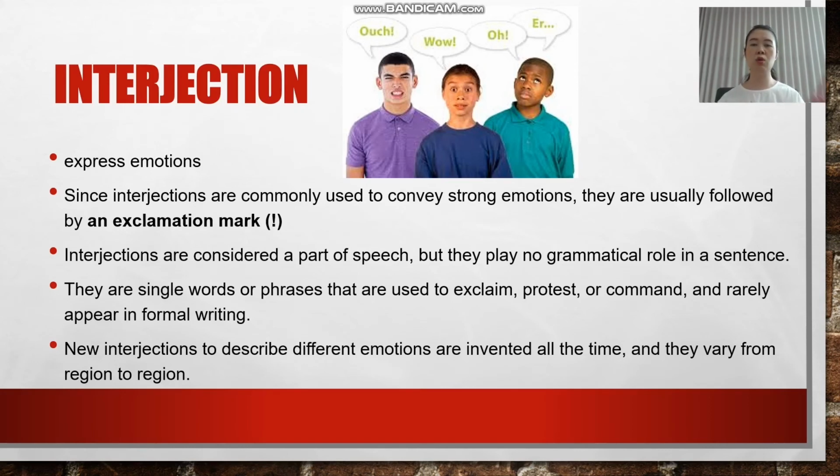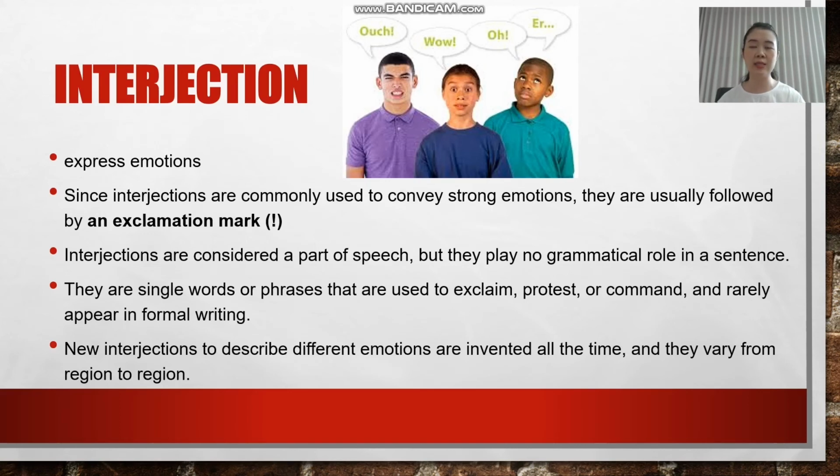So you don't need to think about the subject, whether you need to add s, or whether you need to put ed after that if it is the past tense or stuff like that. No need to think about that. They are single words or phrases that are used to exclaim, protest, command, and rarely appear in formal writing.